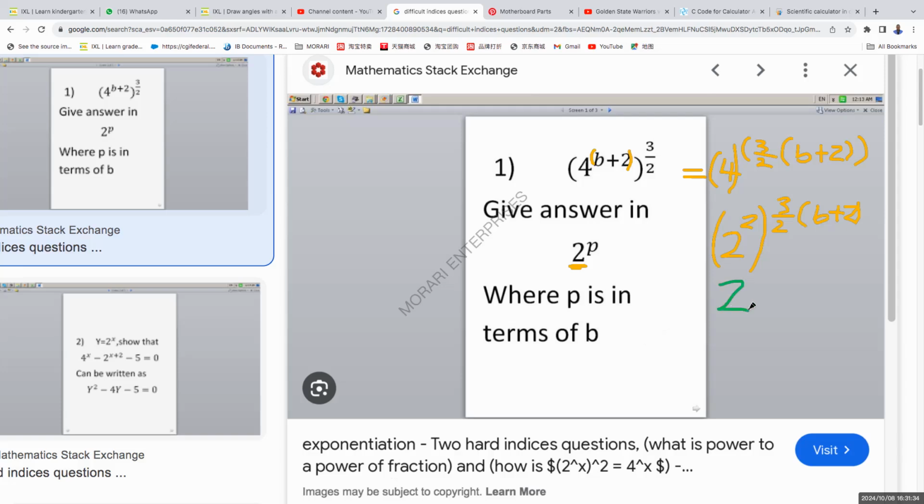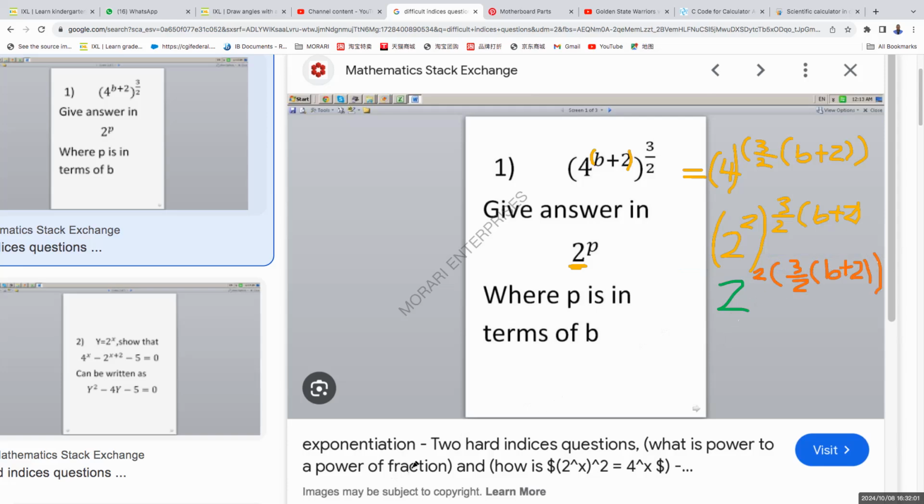So 2 to the power now, since those are 2 exponents, becomes 2 multiplied by 3 over 2, or B plus 2.